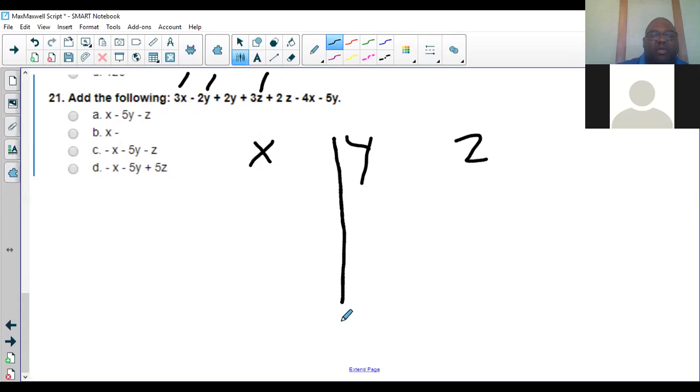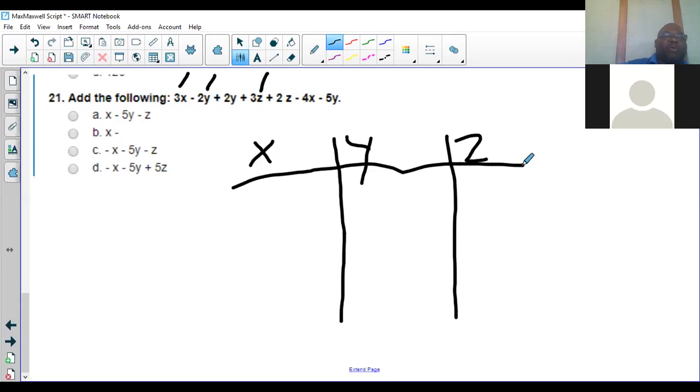Sometimes I'll get real fancy and put them in columns. But this is a nice, easy way for me to keep things organized. So I'm going to go right down the list. My first one was positive 3x. Next one is negative 2y.